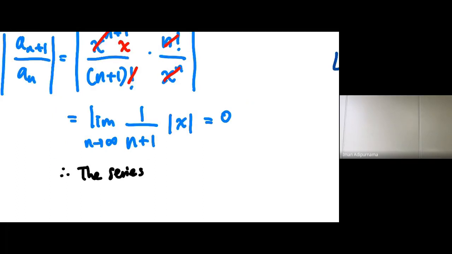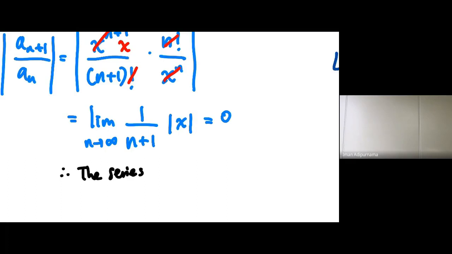So there will be 3 possibilities. Do you remember? Only one point, all x, or some interval. That's why it's called radius of convergence, because sometimes it will have an interval. If you draw a number line, maybe this is 0, this is maybe 1, 2, 3.